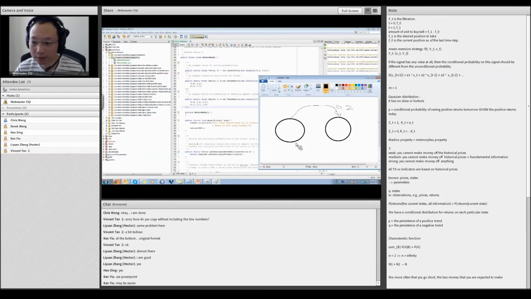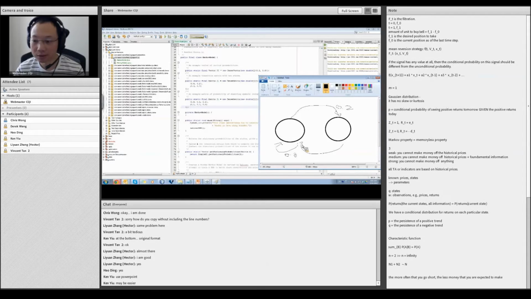Likewise, from state 2 to state 1, the transition probability is 0.3, and from state 2 to state 2, the transition probability is 0.7. Okay, so this is what the A1 matrix is saying. This is the transition matrix for this two-state Markov chain.